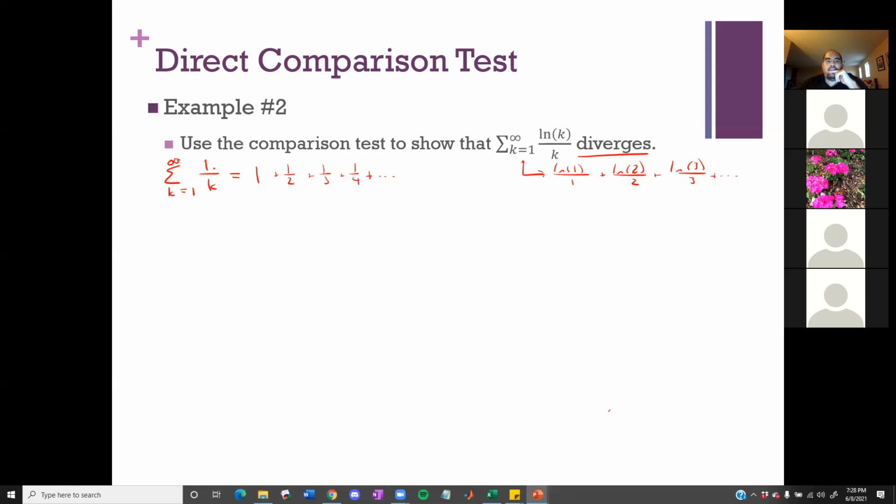So if I'm going to use 1 over k, what needs to be the relationship between these two series to prove that this one diverges? That natural log k over k is bigger.